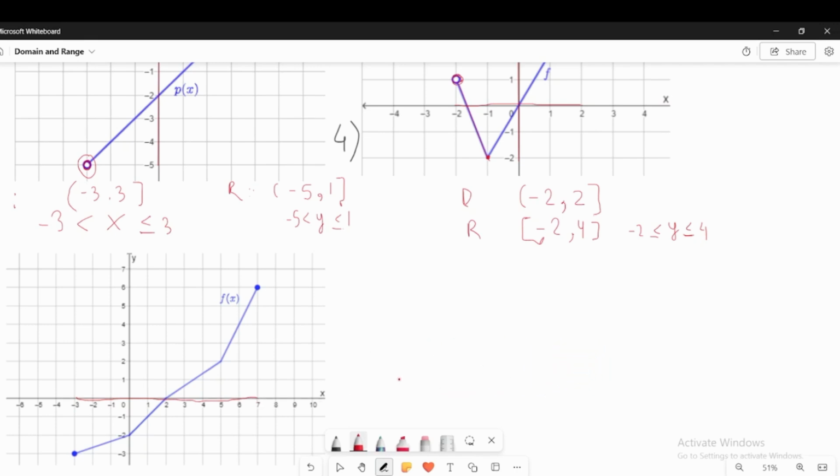So that means your domain is negative 3 to 7. And if we talk about your range, then it is going all the way from negative 3 to positive 6. That means your range is negative 3 to 6.